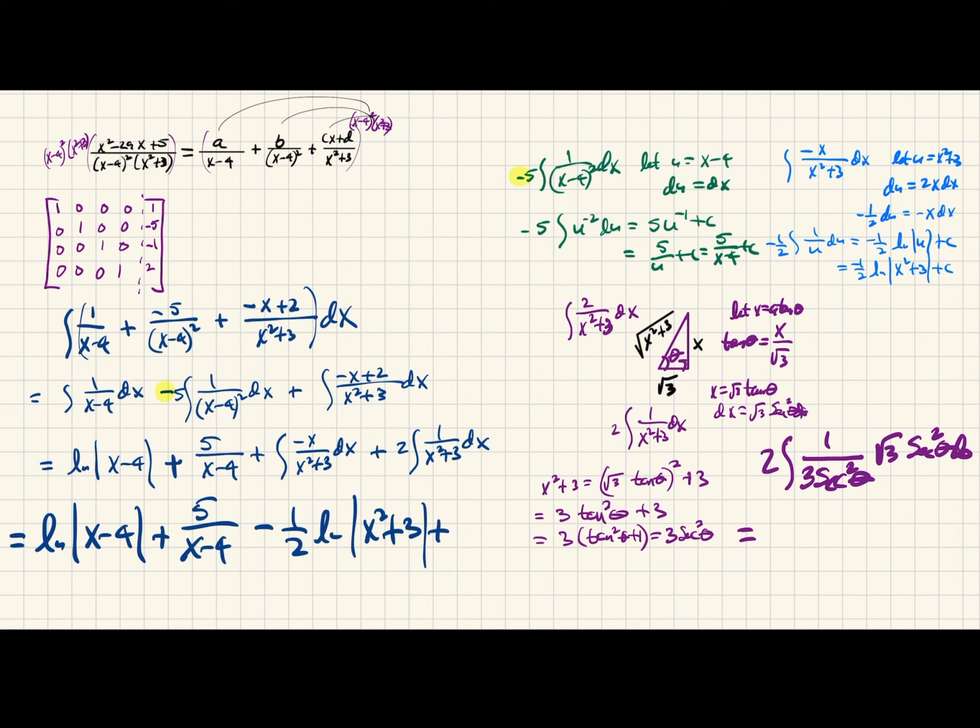I wind up with 2 times the integral of square root of 3 times 1 over 3 d theta. But that's just 2 over root 3 theta plus c, right? And theta will be inverse tangent of x over the square root of 3.